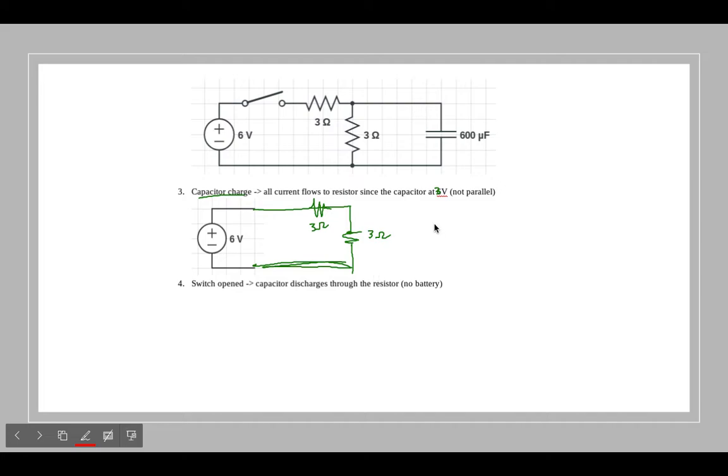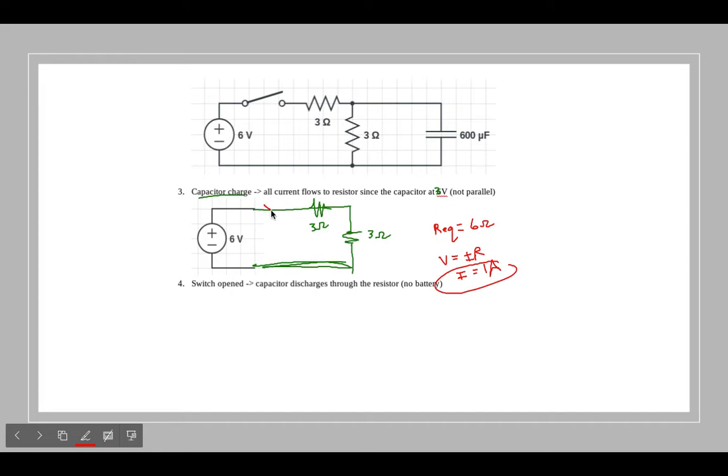Your overall resistance is 6 ohms. V equals IR, and you should get a current of 1 amp, right? So 6 volts over 6 ohms gives you 1 amp of current.